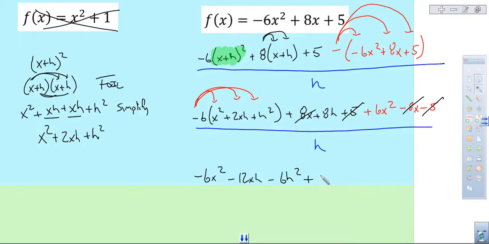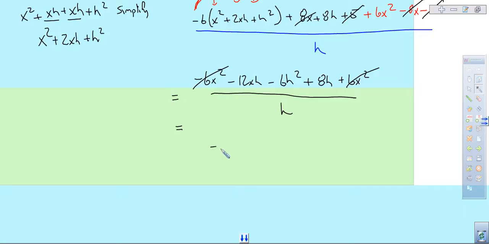So we really just got plus 8h plus 6x squared over h. Scan across, you're going to see a negative 6x squared, a positive 6x squared, those cancel. So this becomes negative 12xh minus 6h squared plus 8h all over h.